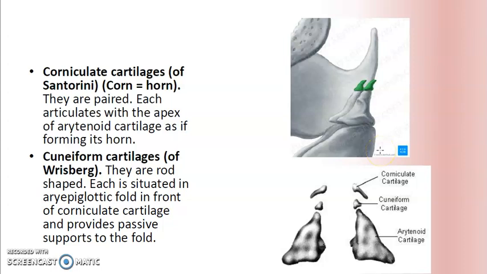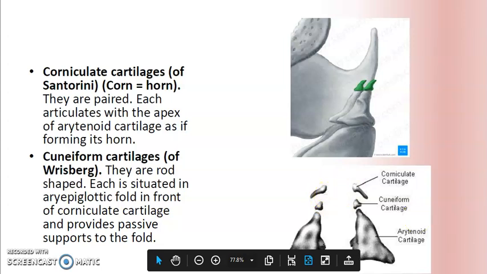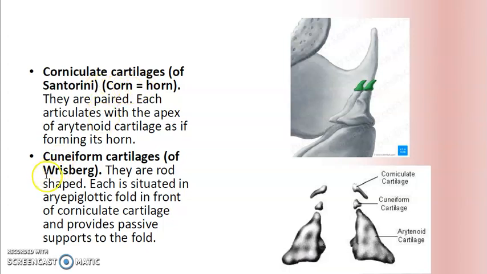It gives strength to the aryepiglottic fold, so that when there is deglutition, when there is swallowing, there will be approximation of both the aryepiglottic folds, and these act like an anchoring point for that. The other name of the corniculate cartilage is the cartilage of Santorini. The other name of the cuneiform cartilage is the cartilage of Wrisberg.